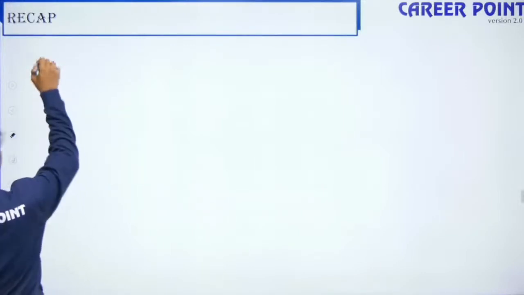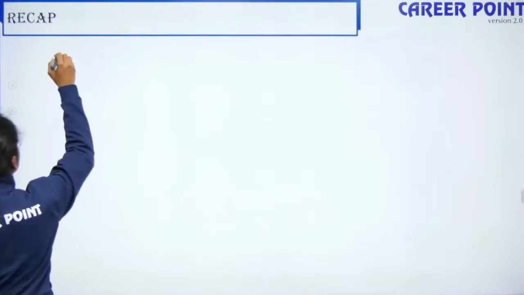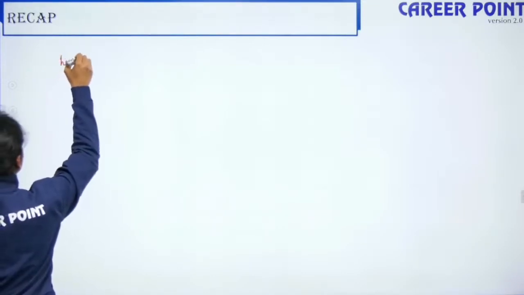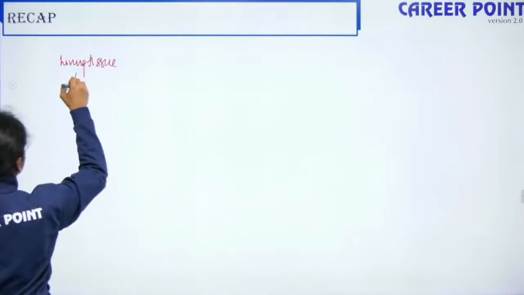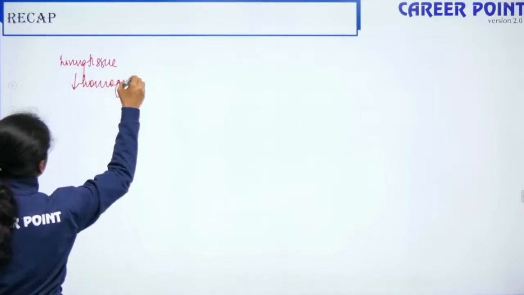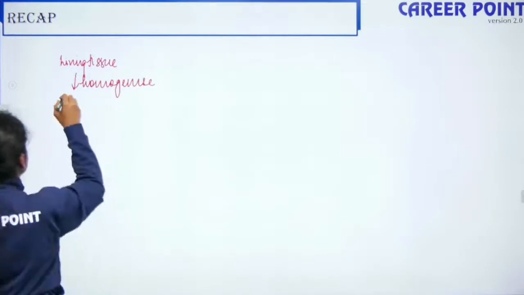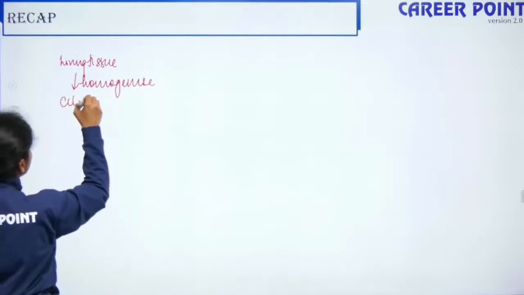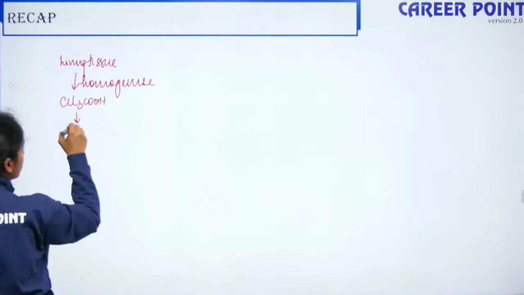Before I start with lipids, let me write the experiment. You take a living tissue. You homogenize it with trichloroacetic acid. Then you filter it.